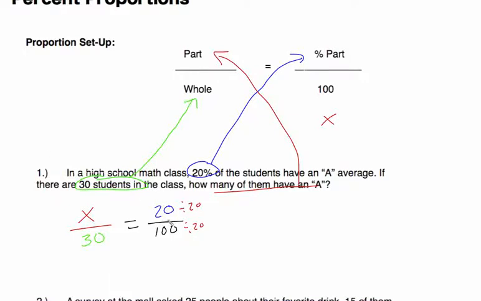So instead of 20 over 100, 20 divided by 20 is 1, over 100 divided by 20 is 5. So I get 1 over 5 equals x over 30. That stays the same. Now from here, I can solve it. Find out what x equals. That'll tell me how many students in the class have an A.